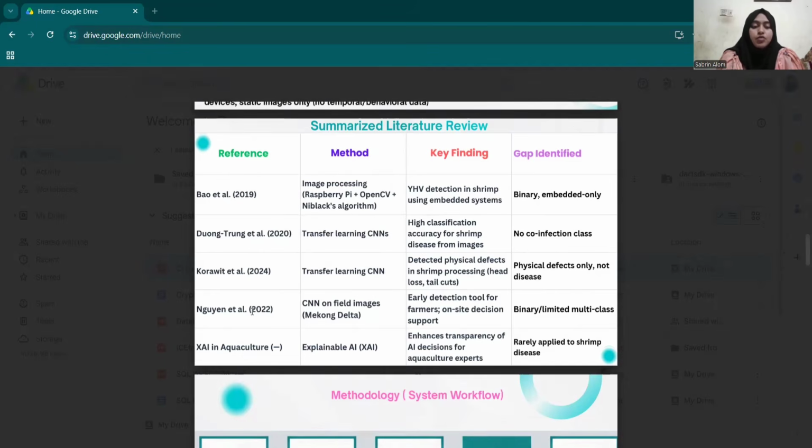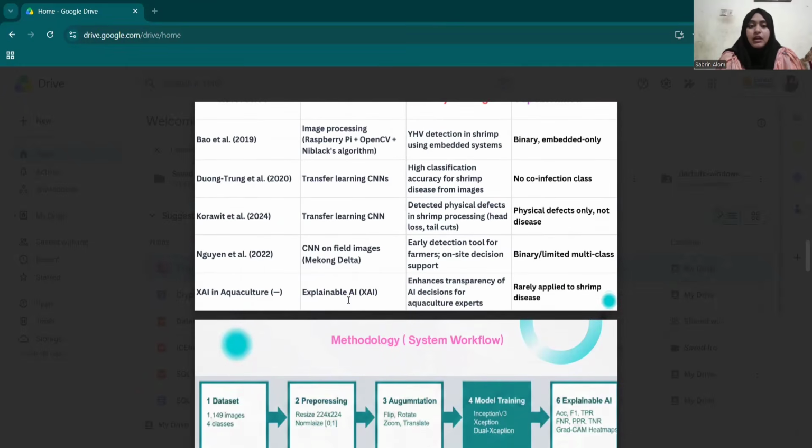Nguyen et al. 2022. In this reference they used a CNN method and field images from the Mekong Delta. The key finding is an early detection tool for farmers, on-site decision support, and the gap identified is binary and limited classes.